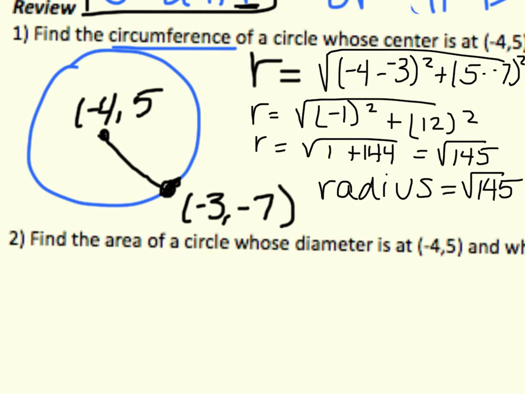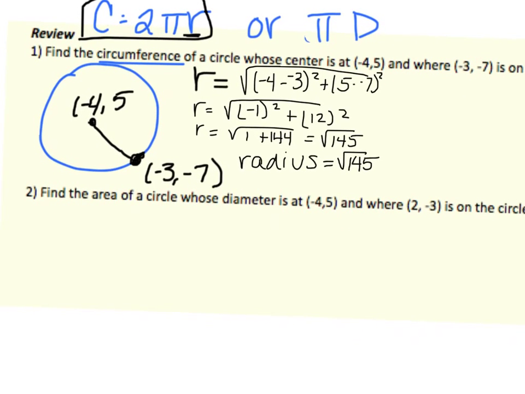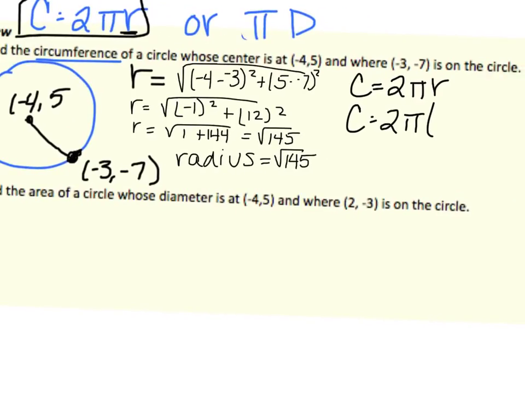Now all we're going to do is substitute it back into our equation, C equals 2 pi r. So C will equal 2 times pi times the radius, which we found to be the square root of 145.